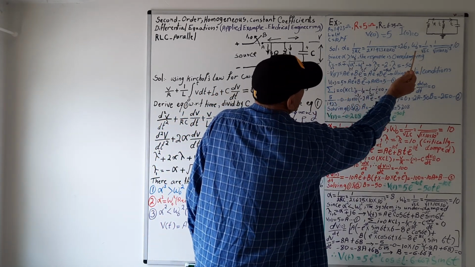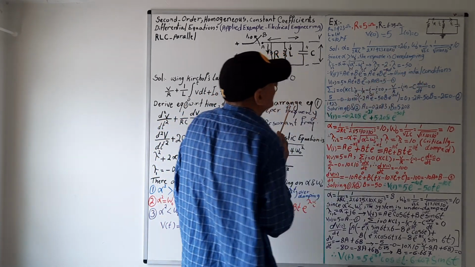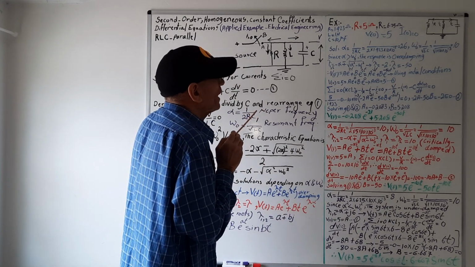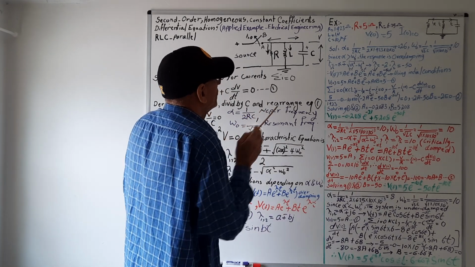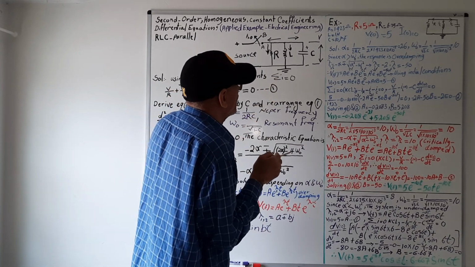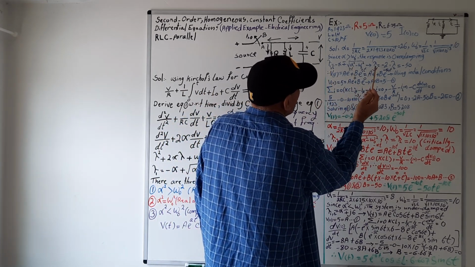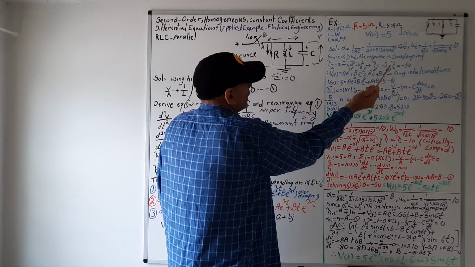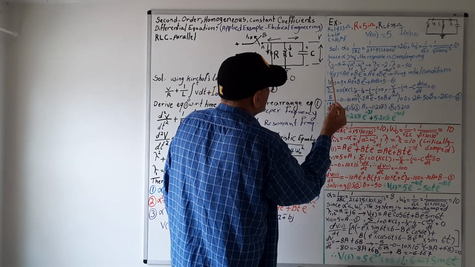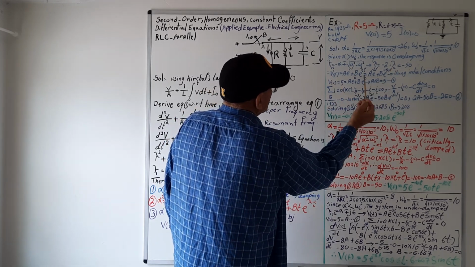And we found omega naught equal 10. So here alpha is bigger than omega naught, and we use the first case. These are the roots: lambda 1 equal minus 2, and lambda 2 equal minus 50. This is the solution.